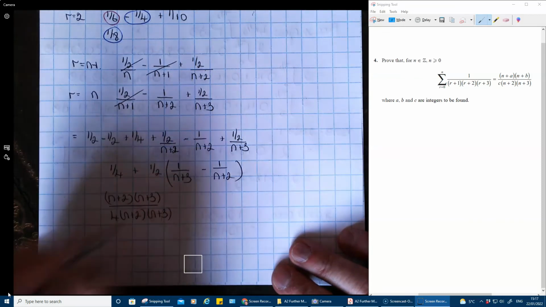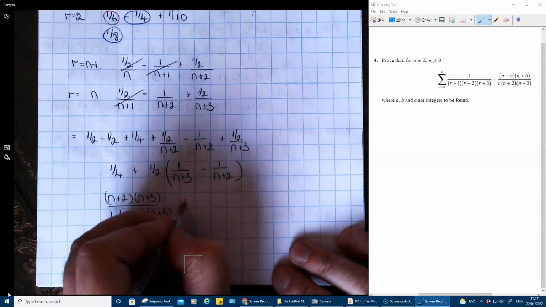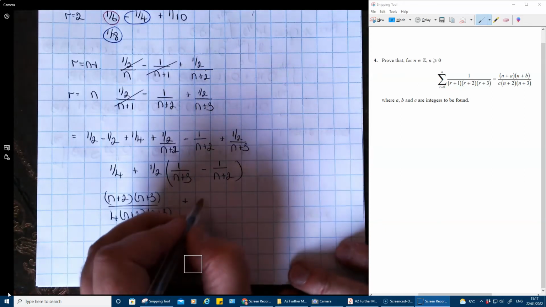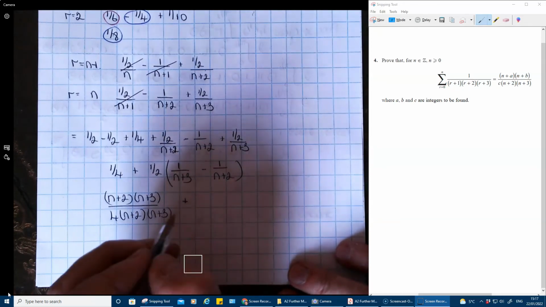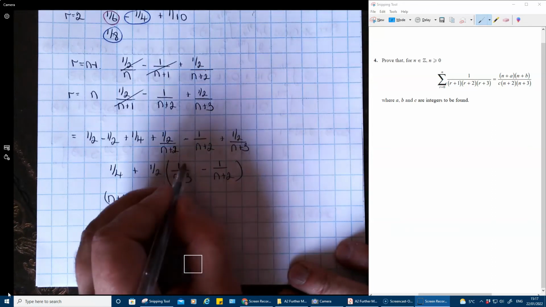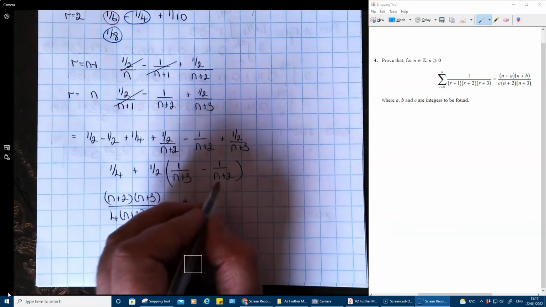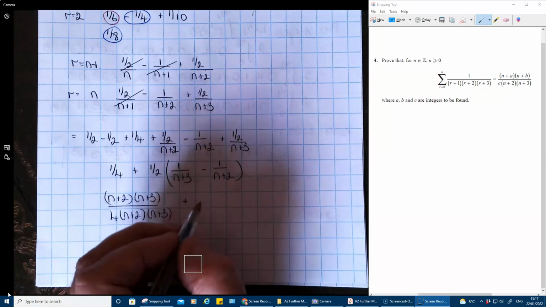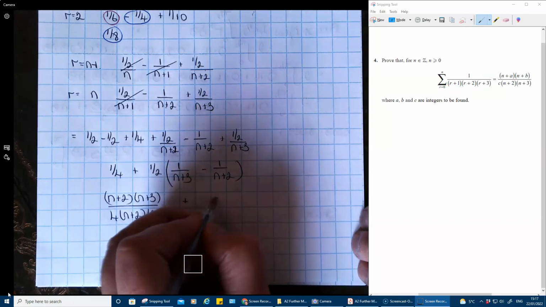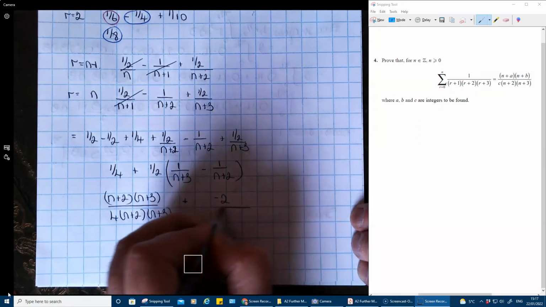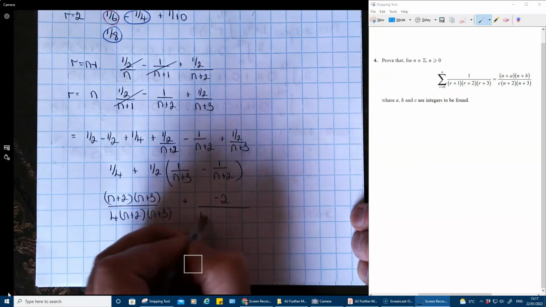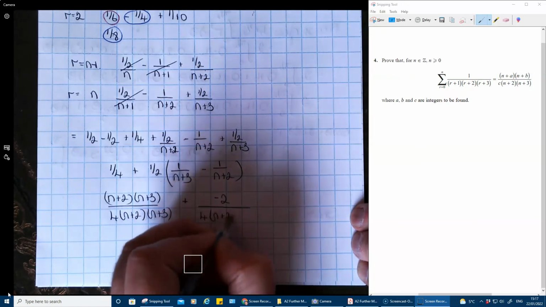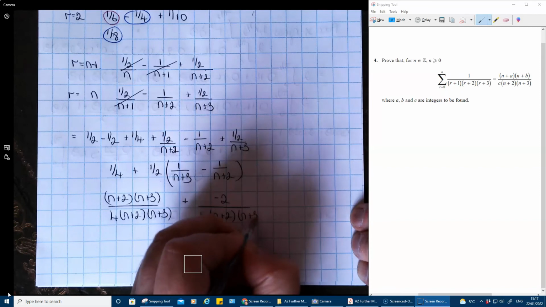So that's my quarter, in effect, plus that, take away that, so it's minus 2 over 4, n plus 2, n plus 3.